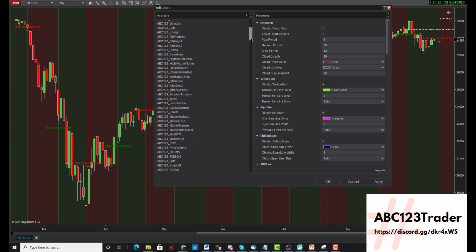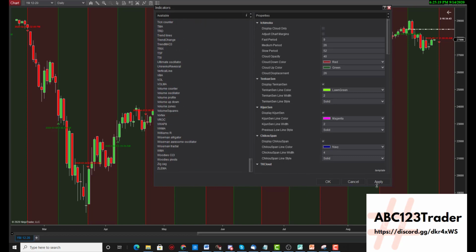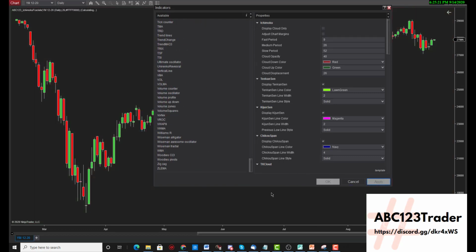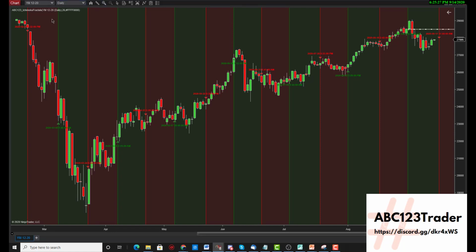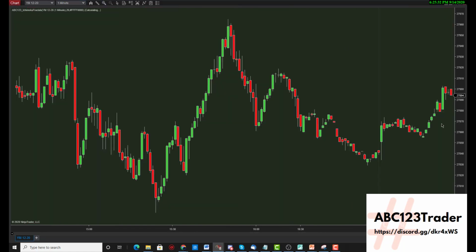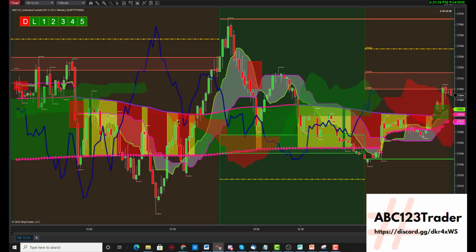Once I add that one and hit apply, I'm going to have to switch this to a 1 minute chart here. I created an Ichimoku system that has about 4 or 5 different types of logic in there.